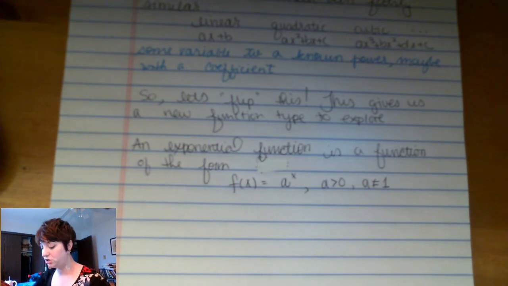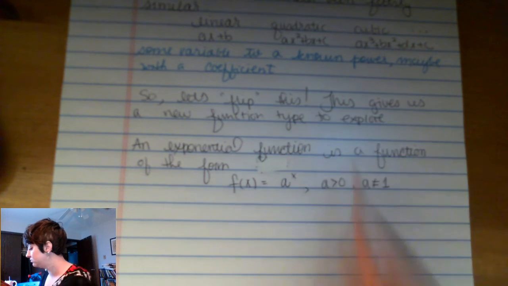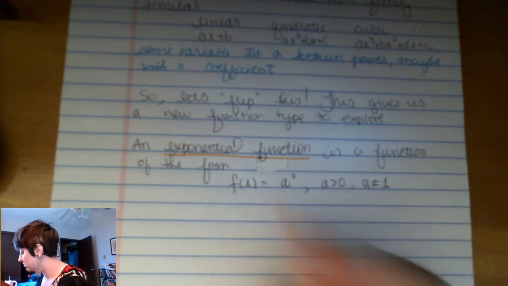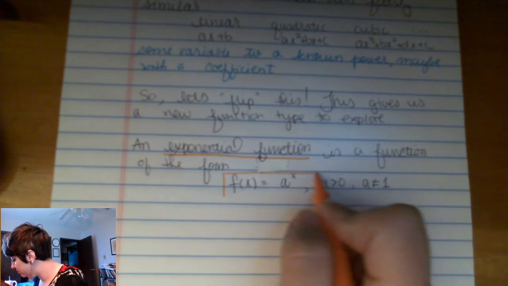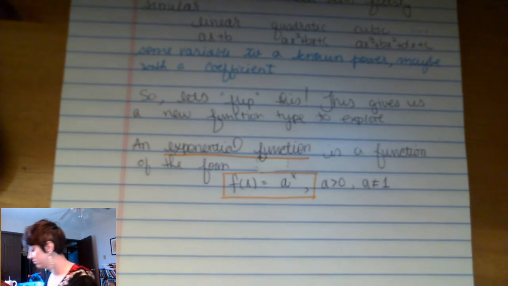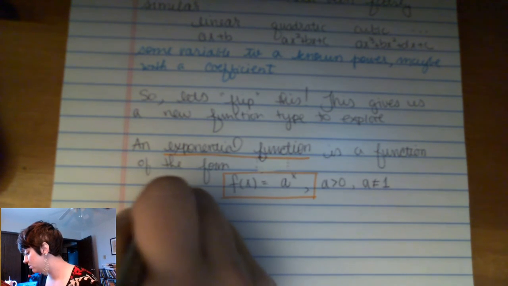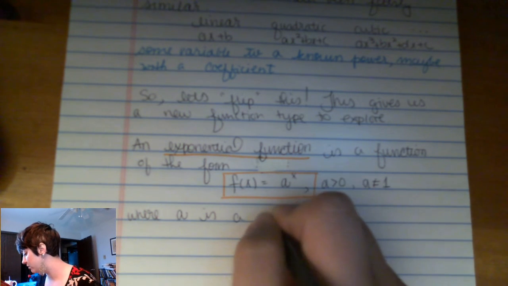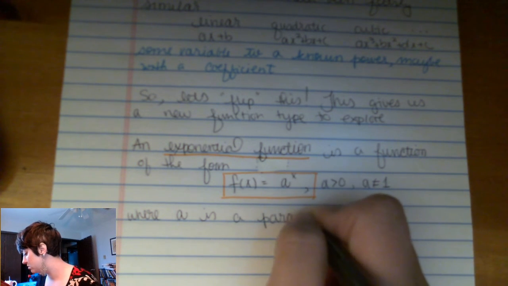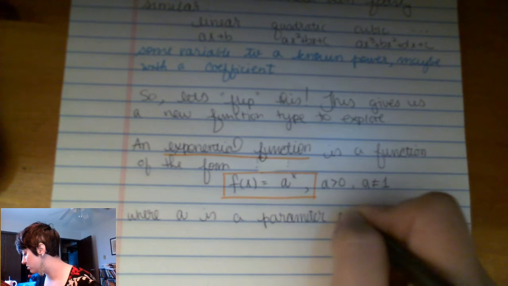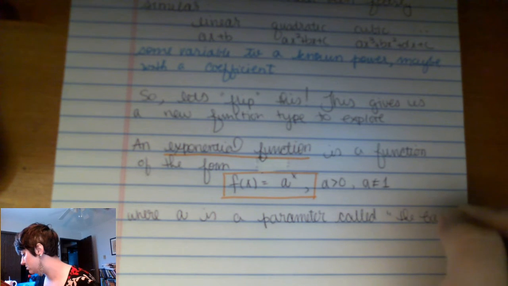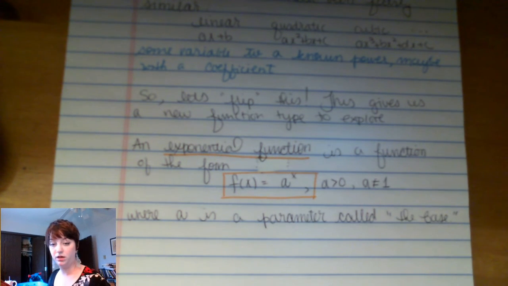So an exponential function is of this form, where a is a parameter called the base.